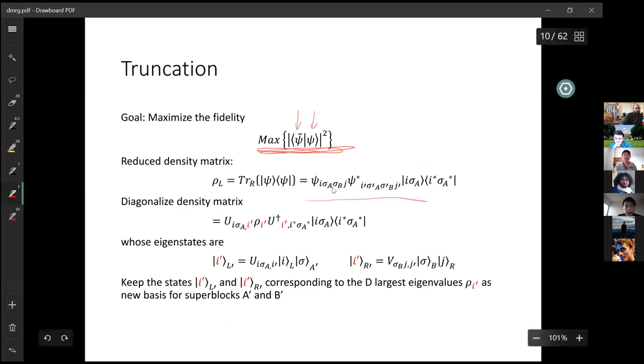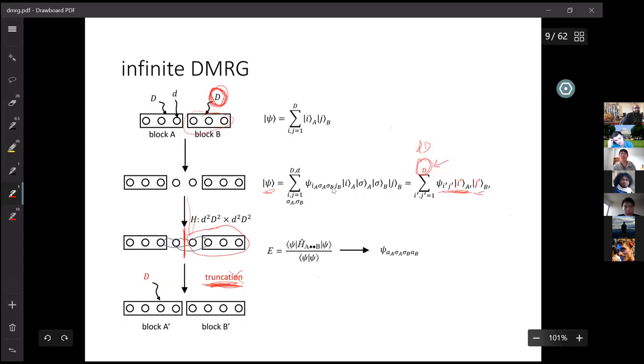You can diagonalize the matrix, which gives you the eigenvalues and the eigenvectors. Now you pick the eigenvectors, and these are just the best basis you would choose to describe the half system. That's the block A prime.